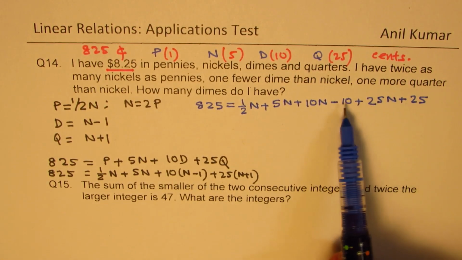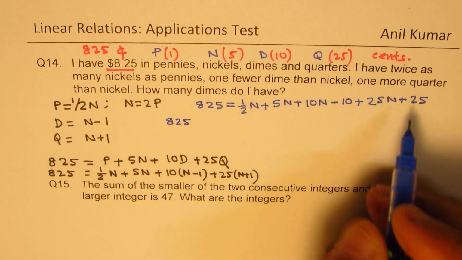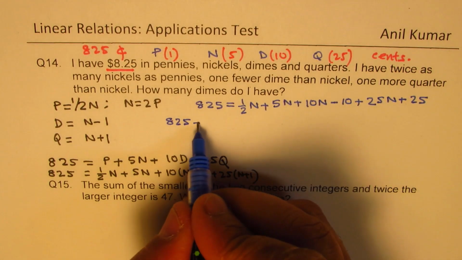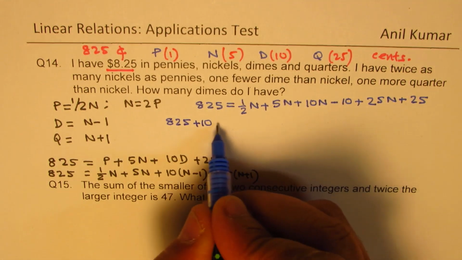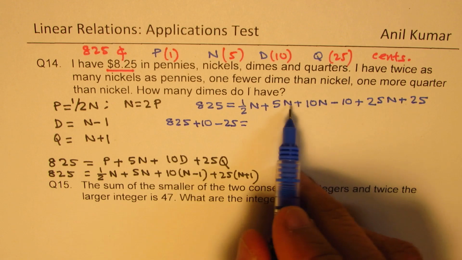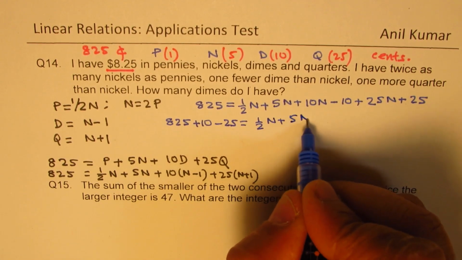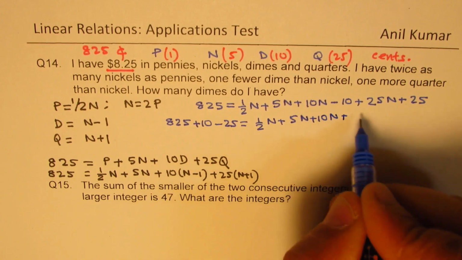So let's bring all these numbers on the left side. We get 825, and we'll add 10 to it, take away 25. And all these n's we can combine: half of n plus 5n plus 10n plus 25n.